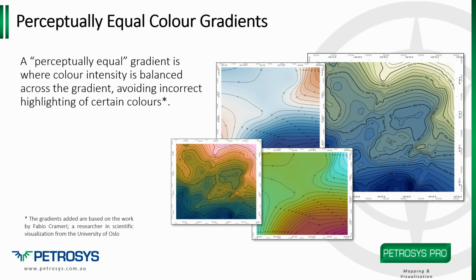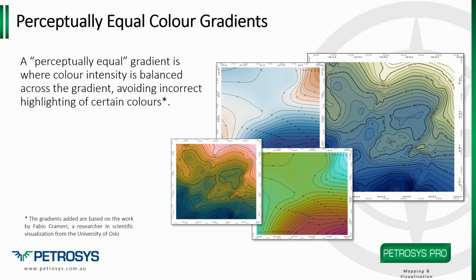A perceptually equal color gradient is where color intensity is balanced across the gradient, avoiding incorrect highlighting of certain colors. The gradients, there are about 25 of them, are based on the work by Fabio Crameri, a researcher in scientific visualization from the University of Oslo.